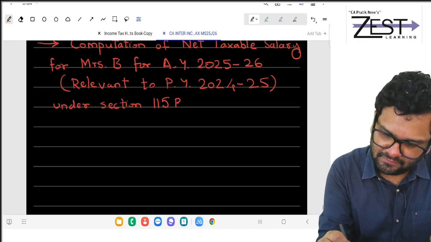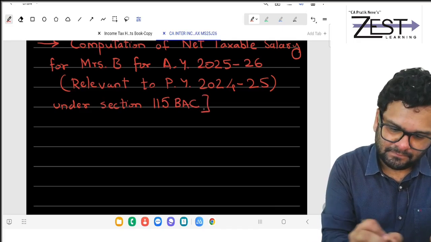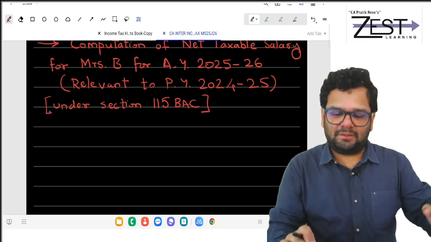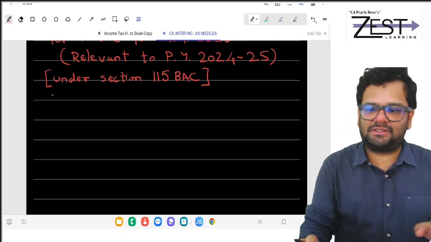Do you agree? Particulars, and please make two amount columns. You will do it systematically.